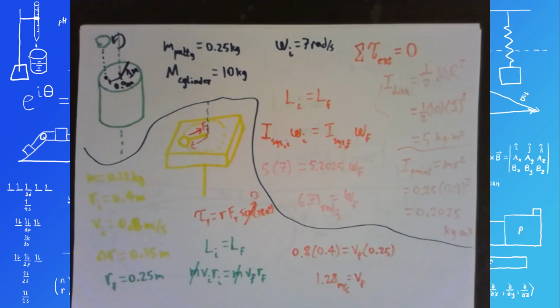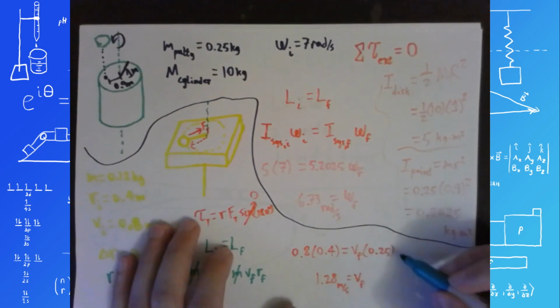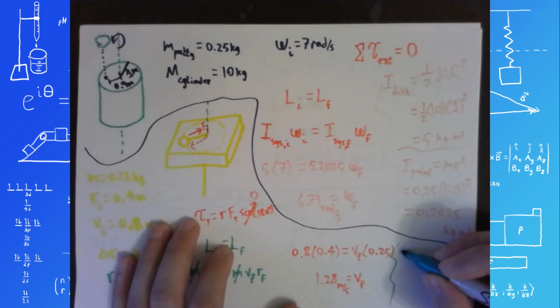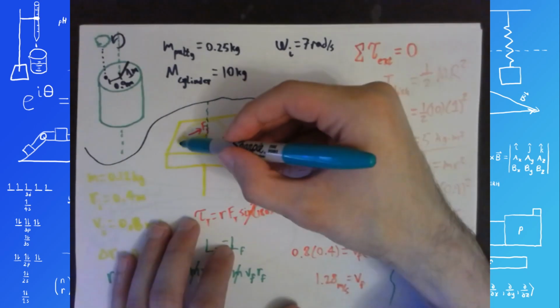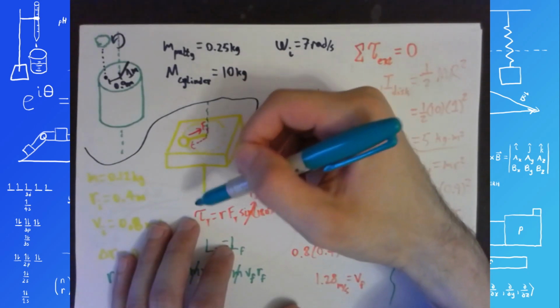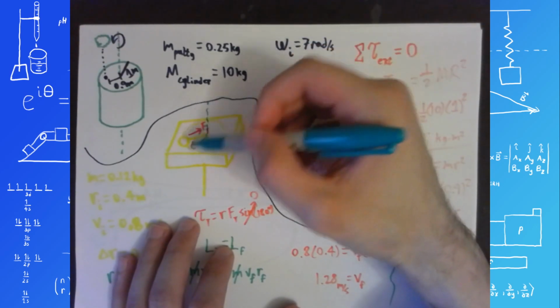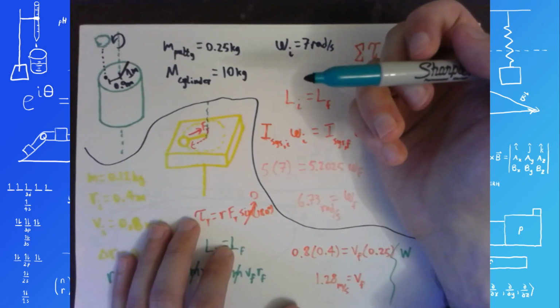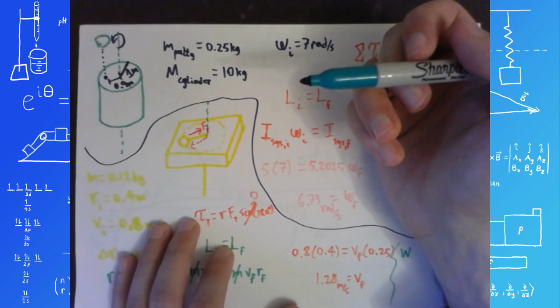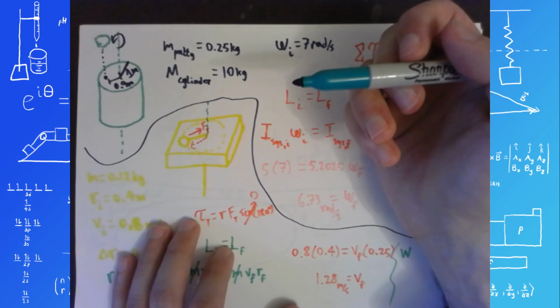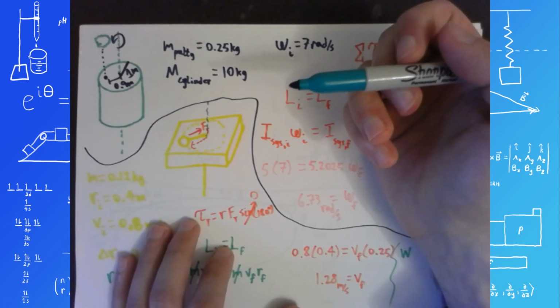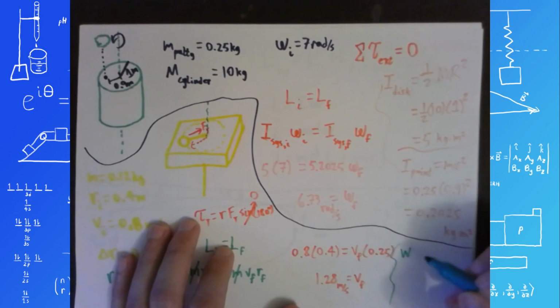And now we can calculate the work that was done on this thing by pulling on it through a string. So the total work is just the work due to tension. The work due to the normal force and the work due to gravity are going to be 0 because the puck moves perpendicular to the direction of normal force and gravity. And even if it didn't, whatever work would have been done by gravity is canceled by whatever work is done by the normal force.